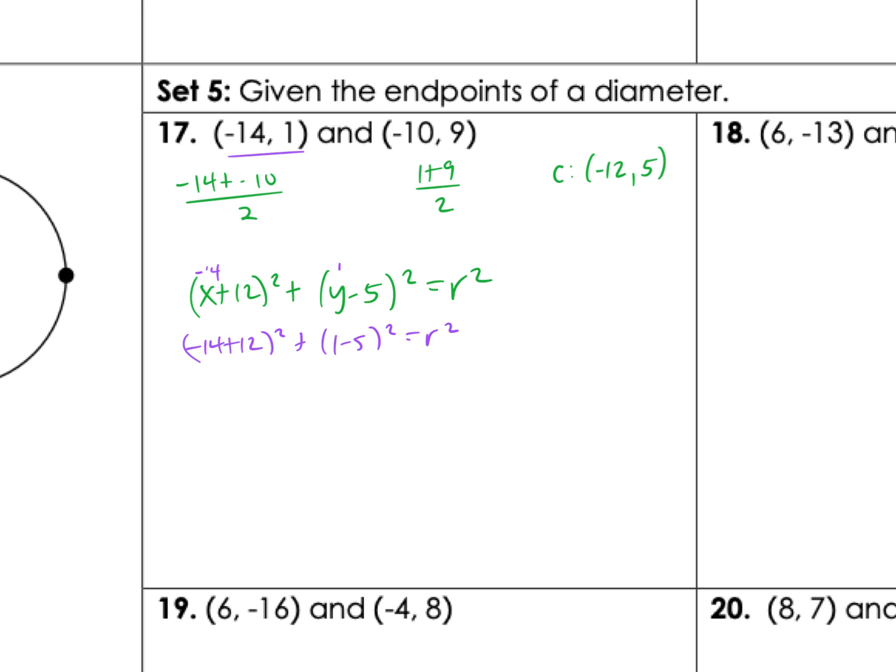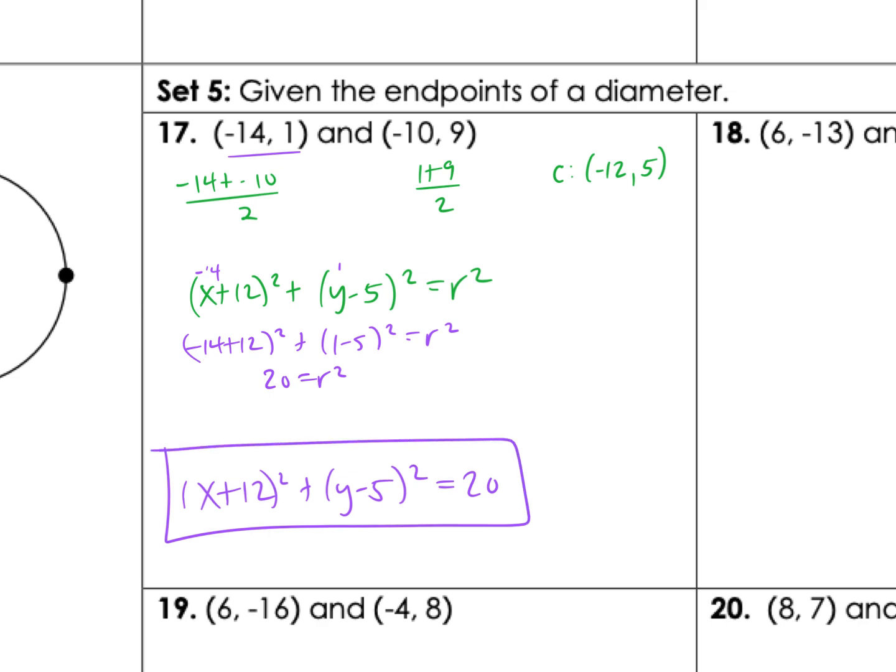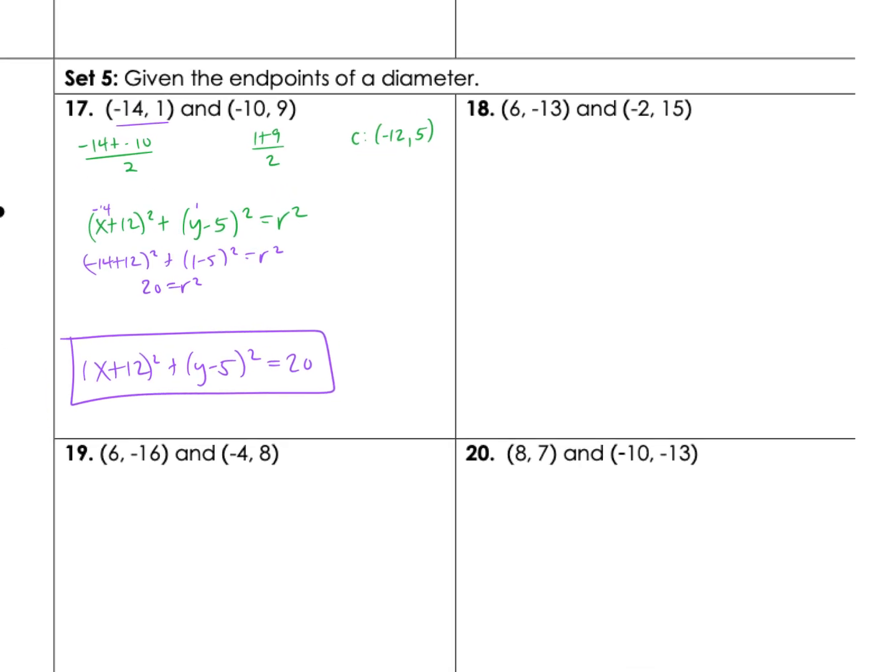What do we get when we solve that? 20. So the equation of my circle is (x + 12)² + (y - 5)² = 20. Why don't you go try to do number 18 on your own, and then I'll have the work up here for you to check to see if you did it right.